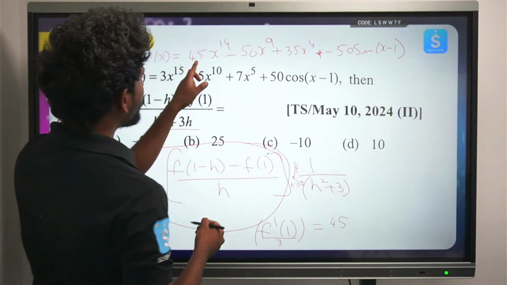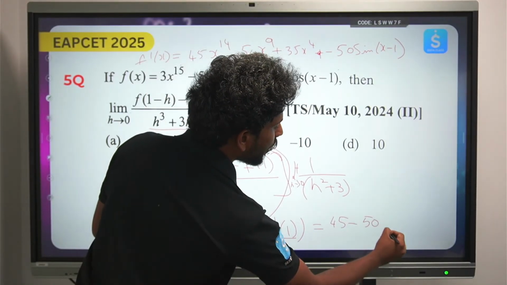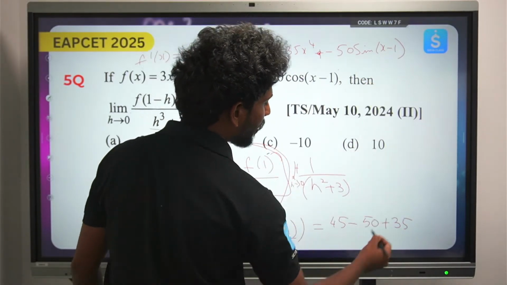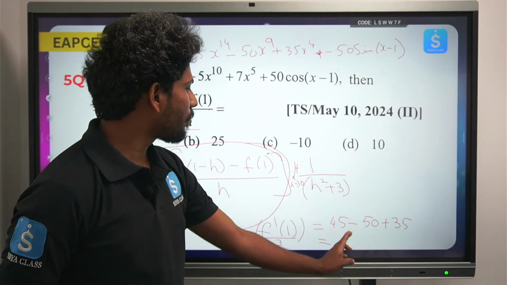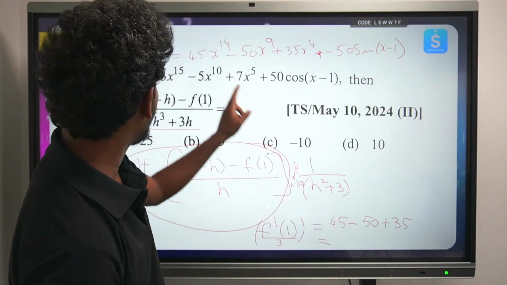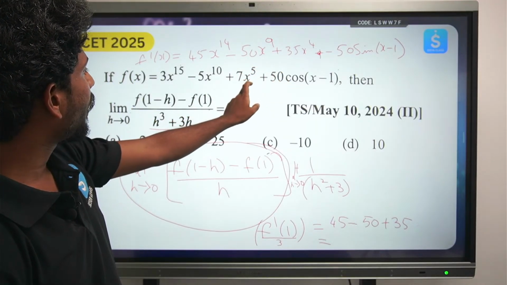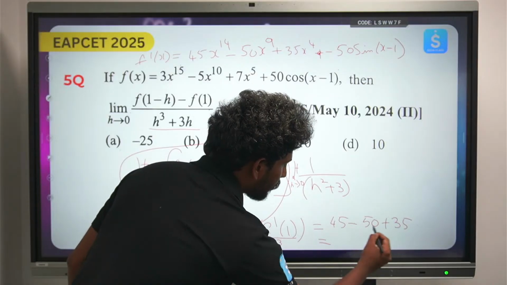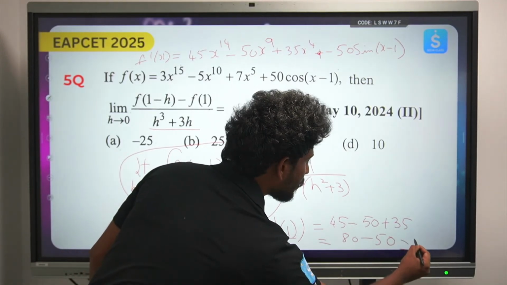Now substitute 1: 45 minus 50 plus 35 minus 50. Then 1 minus 1 will become 0. 45 minus 50, and 7 5s are 35, and 50 sin x minus 1. So this will become 80 minus 50, which equals 30.